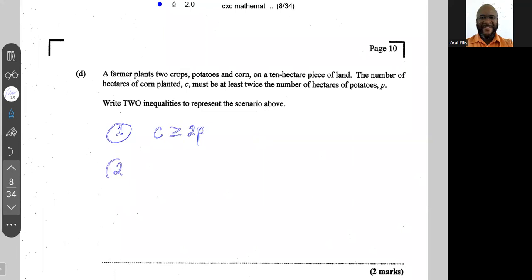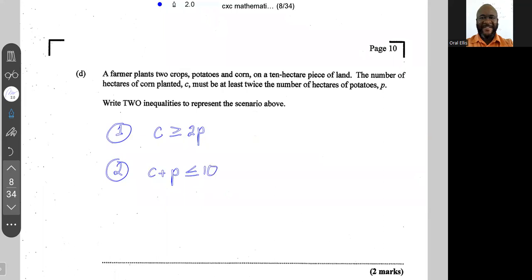Inequality number 2, not so obvious, but you can reason it out. Now, I have 10 hectares of land to plant. I'm planting corn, plus I'm planting what? Potato. So C is the number of hectares of corn, P is the number of hectares of potato, and together, these two must be less than or equal to 10.